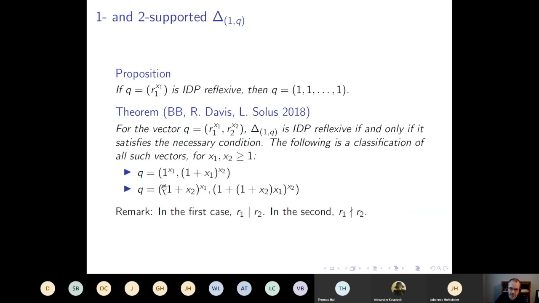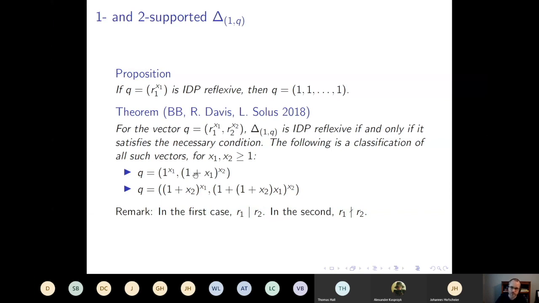And if you think about what this looks like, you can see where the structure of these vectors is being driven by the reflexive condition. I need that 1 divides the normalized volume, and I need that 1 plus x1 divides the normalized volume. So if I were to write out the normalized volume, I'd have 1 plus x1 times 1. Well, that's 1 plus x1. Plus x2 times 1 plus x1.